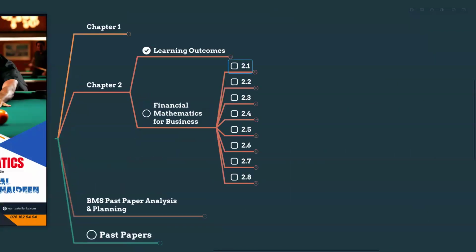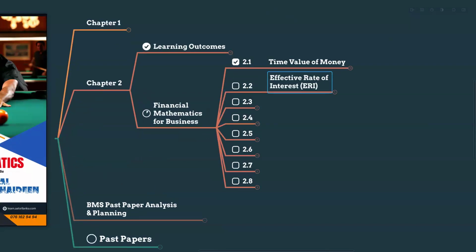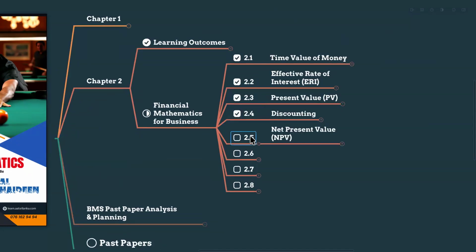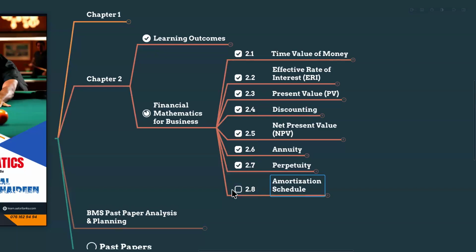And we achieved all these: time value of money, effective rate of interest, present value, discounting, as well as NPV, annuity and perpetuity, and the amortization schedule.